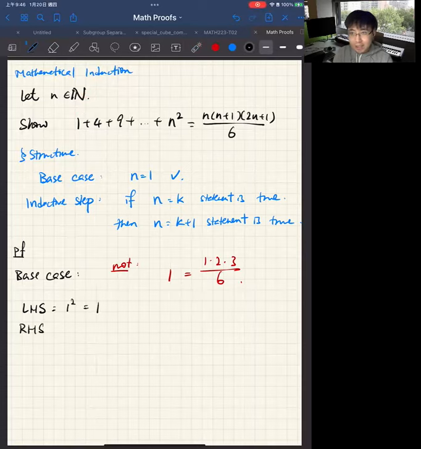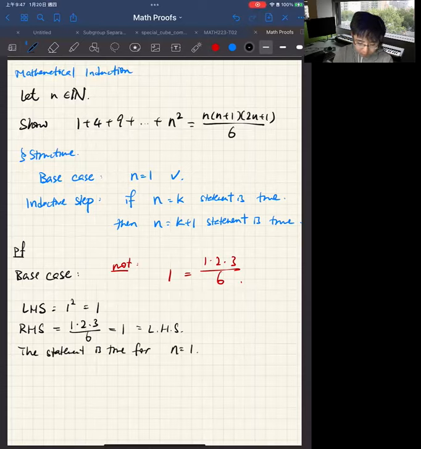For the right-hand side, you substitute n equals 1, so 1 times 2 times 3 over 6, which is 1. Then you say that it is the same as LHS, right? So the statement is true for n equals 1. Okay, so here is the base case.